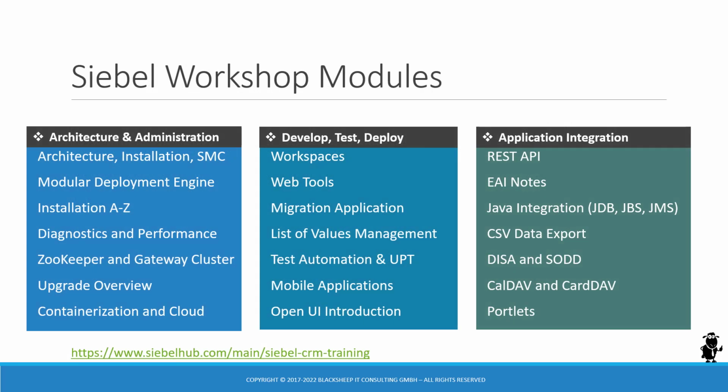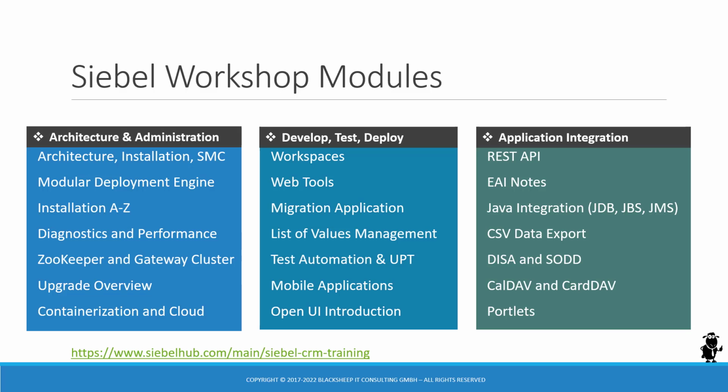So here we have an overview over the categories in the Siebel workshop. There are three main categories: architecture and administration, development, test and deployment, and application integration. And each category is packed with wonderful modules. In the architecture and administration category, we have the architecture proper, installation, and Siebel management console.